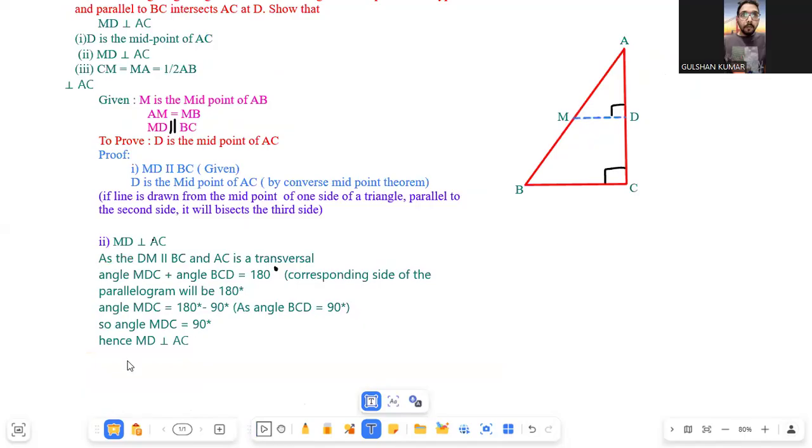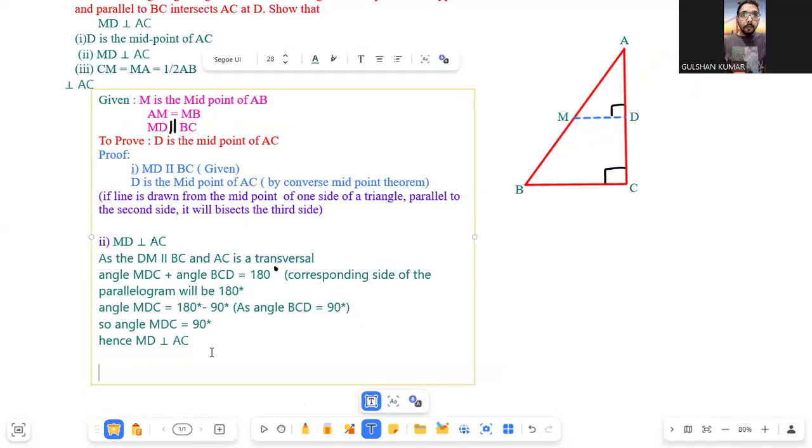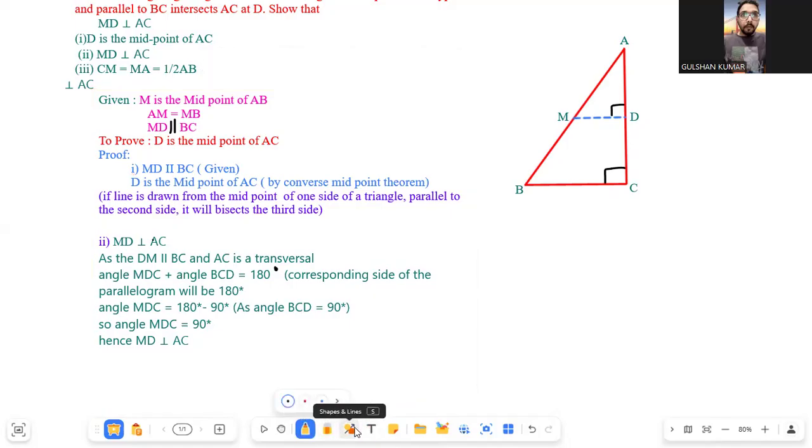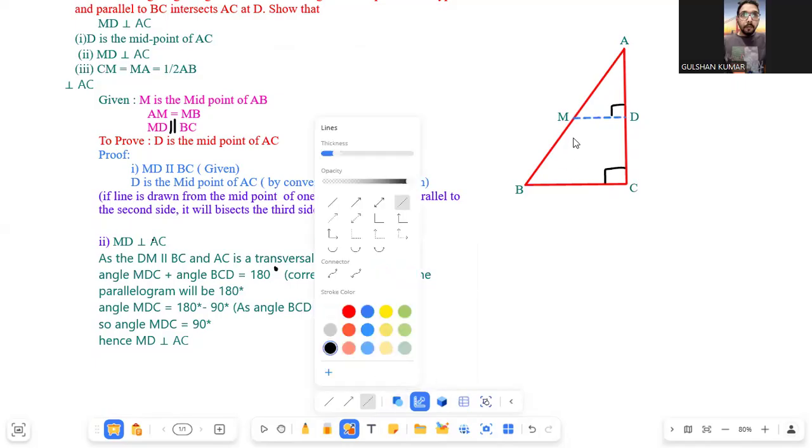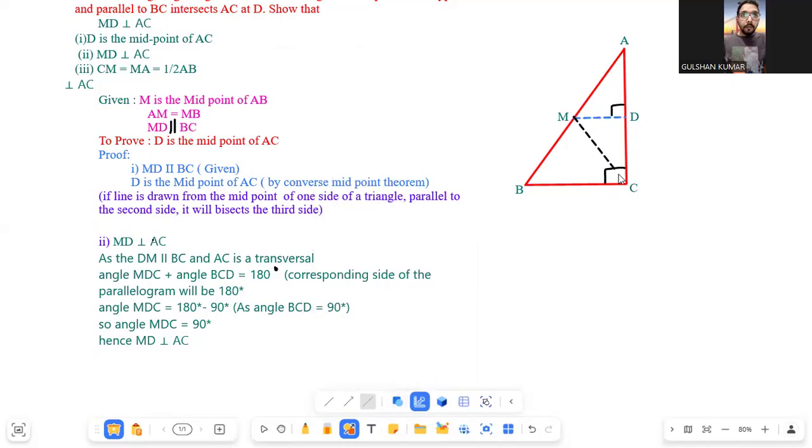Okay. Now we start with the third one, that is CM equals MA equals half of AB. That is CM and AM. So first of all, we have to draw a line from this particular point to this particular point.